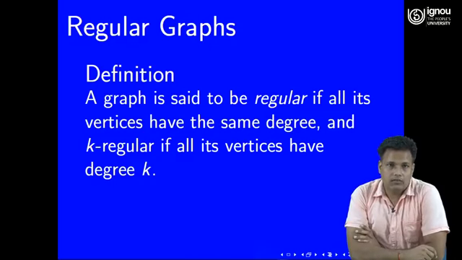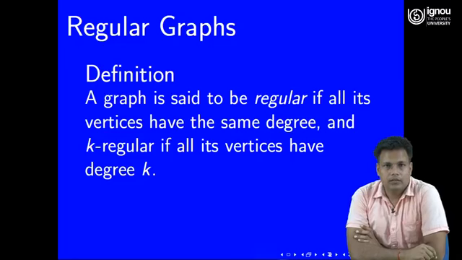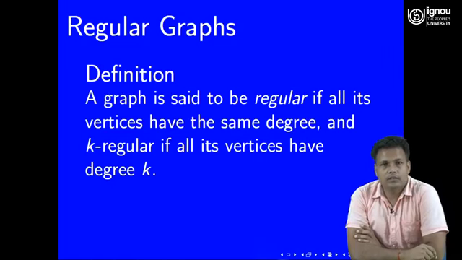Now there is another concept of graphs which also arises from the degree, and it is the concept of regular graphs. A graph is said to be regular if all its vertices have the same degree, and if all vertices, for example, have degree k, then the graph is called k regular.